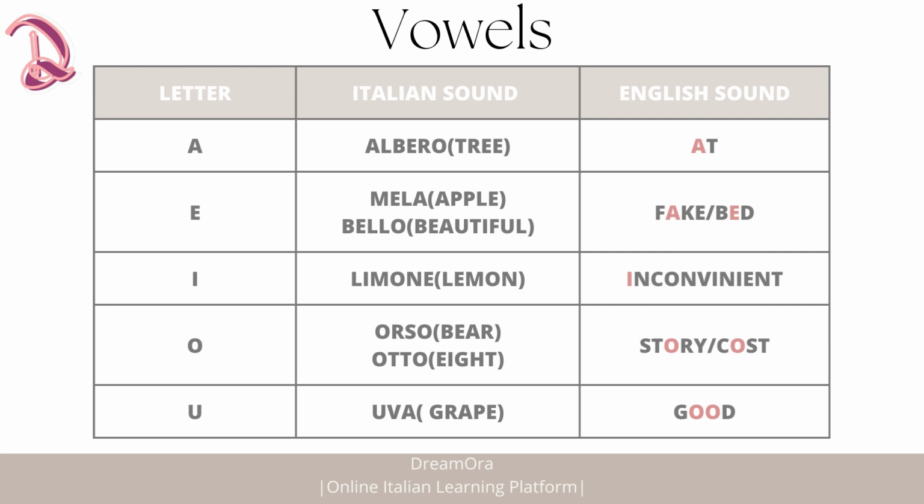Then we have O. And this one as well has a double sound, closed and open. So we have the closed one, and the open one. To help you also, when you do the closed one, try to close your mouth a little bit, and when you're doing the open one, to open it a little bit.